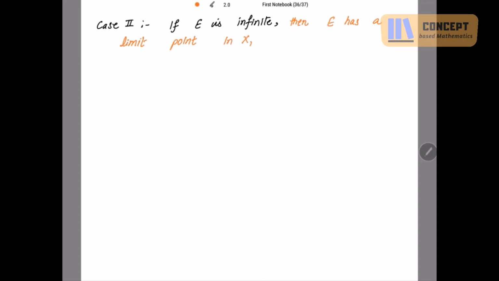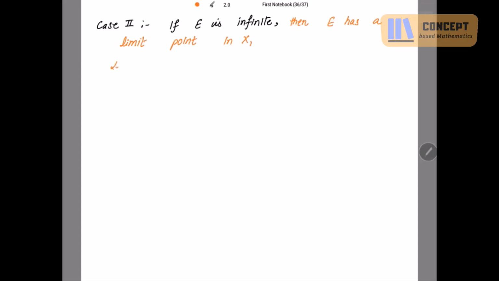Now because E is an infinite subset of a compact set X, whenever you have a limit point P for the infinite subset, then every neighborhood of P contains infinitely many points of E, right? Whenever you have an infinite set, and you have a limit point for that set, then every neighborhood of that limit point contains infinitely many points of E, right?